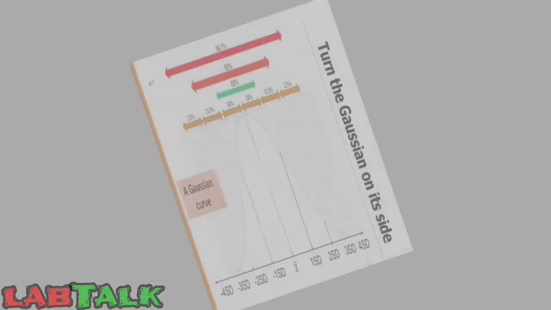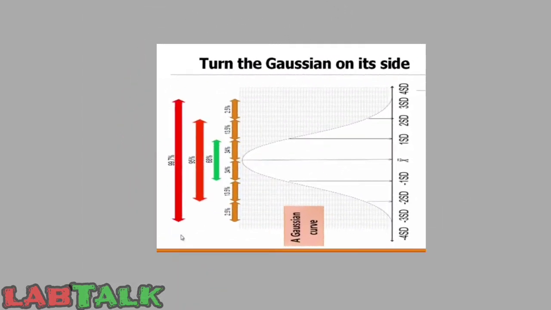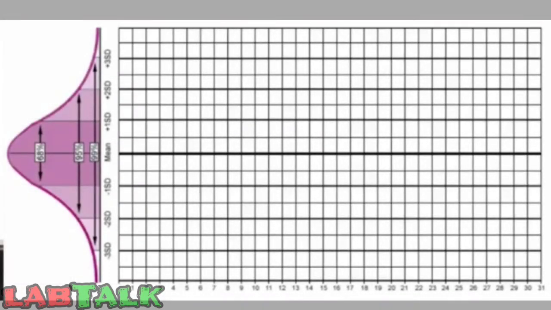So what you need to do is just to turn this Gaussian curve sideways so that you will get your LJ chart. Now this 1 standard deviation which was 68%, the second standard deviation which was 95% and the third standard deviation which was 99%. So this is how we derive our LJ charts.